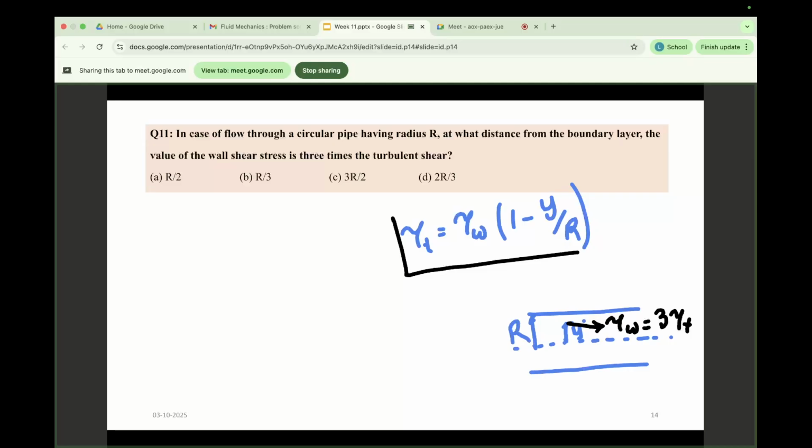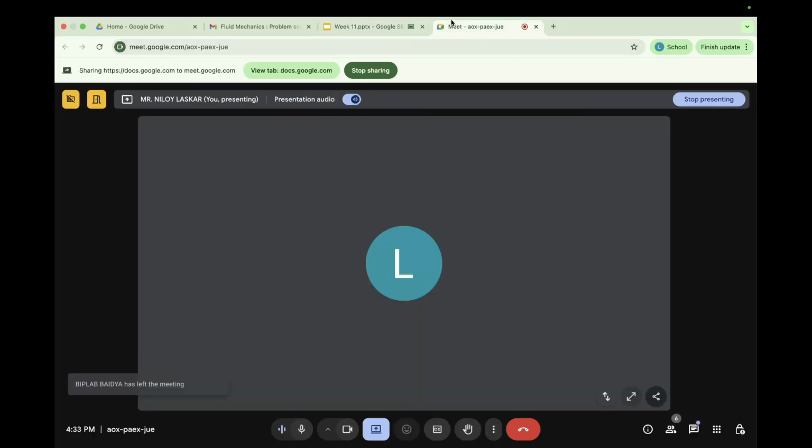That is the formula, where tau T is the turbulent shear stress and tau wall is the wall shear stress. So I'm giving you 1 minute.